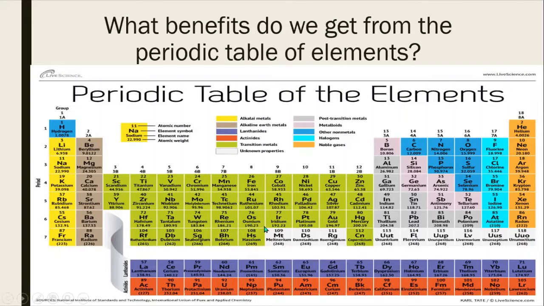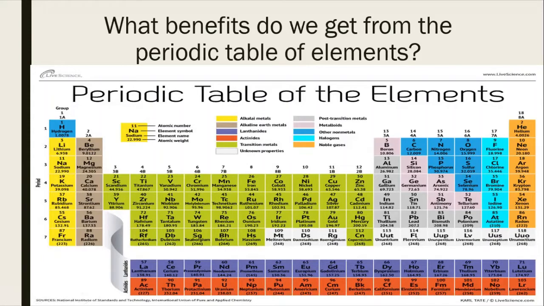Meron ding non-metals kasi may iba sa kanila ay gas. So definitely makikita natin, meron silang iba't ibang klase ng properties. Wherein, pag kinocombine natin sa ibang properties ng ibang elements, we can discover new substances na makakatulong sa everyday living natin. So that's the benefit of the periodic table, knowing the different properties of each element.